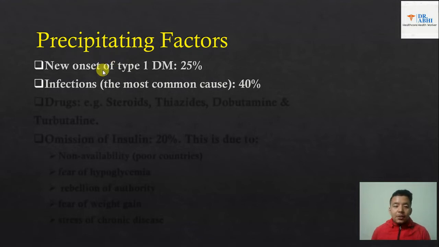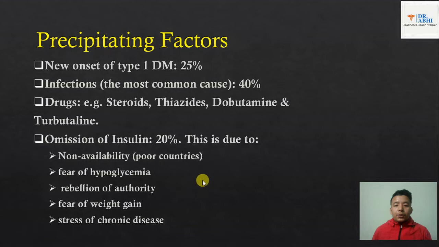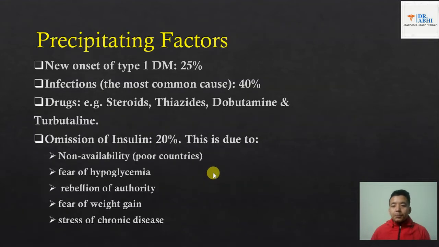Second is the diabetic patient having infection. That's about 40% of the total people. The third one are the people who take steroids. People who take steroids, thiazides, dobutamine, and terbutaline.